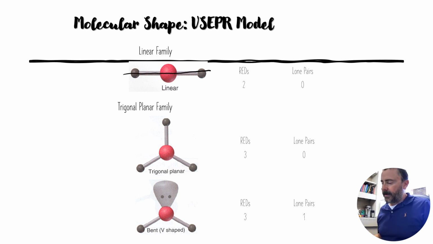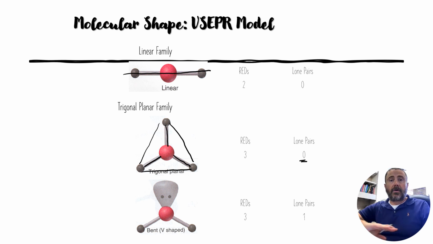It looks like a line. We can have three regions of electron density. If all three of them are bonds and there are no lone pairs, then we call this trigonal planar. It makes a triangle, and that triangle is all in one plane. So it's a triangle in a plane. That's where the name comes from.